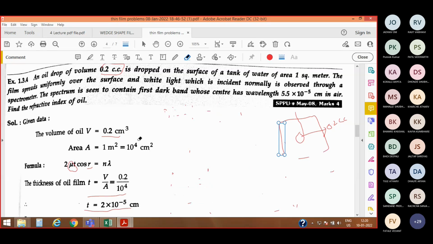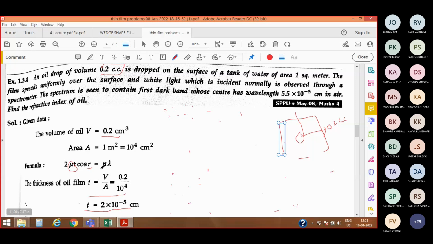So you have given the volume of oil is equal to 0.2 centimeter cube. When it is dropped on the surface of the tank of water having area, volume upon area is equal to thickness of the film. Thickness of the film is equal to volume of the oil drop upon the area of the tank. So आपको thickness मिल जाएगी यहाँ से by this equation. आपको क्या फाइंड आउट करना है?